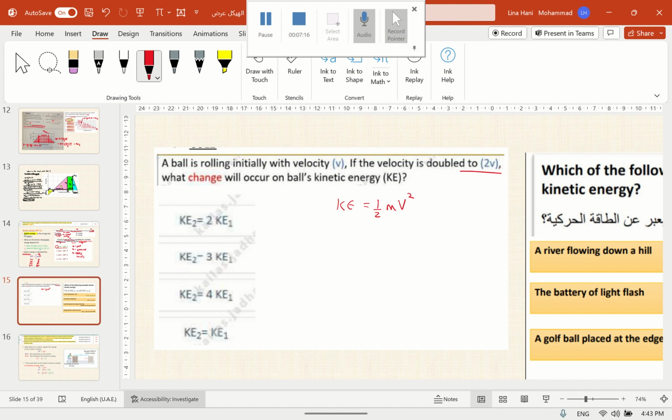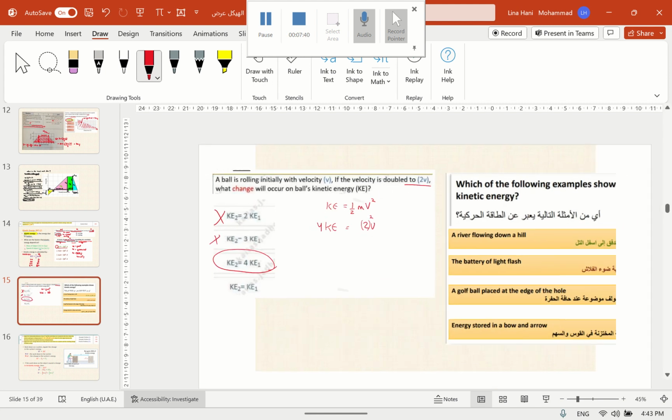So what happens to v, you square it and that will happen to KE. So for example here, the velocity was doubled, but don't forget we have a square on the v. So what will happen to the KE? It will become 2 squared times its amount, which is 4 KE. So the kinetic energy will become 4 times its amount.